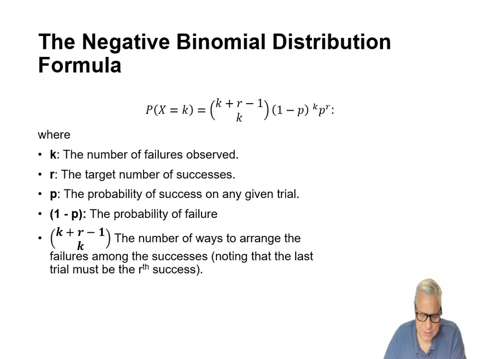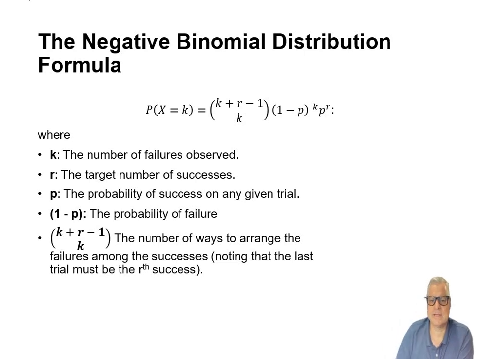So we asked the question, what's the probability that when you flip a coin 8 times you get, for example, 5 heads? When it comes to the negative binomial distribution, we ask: what's the probability that we observe a certain number of failures before we reach a certain number of successes?